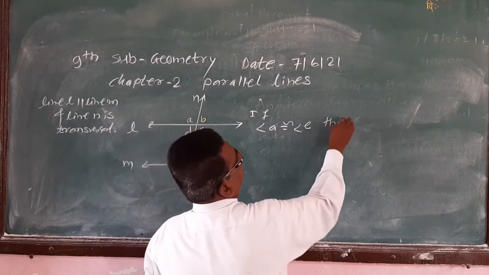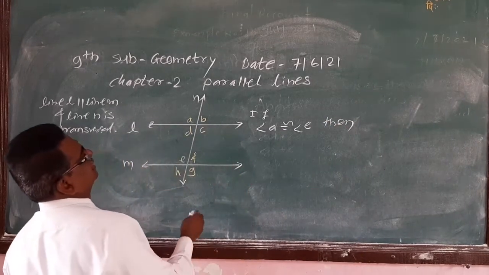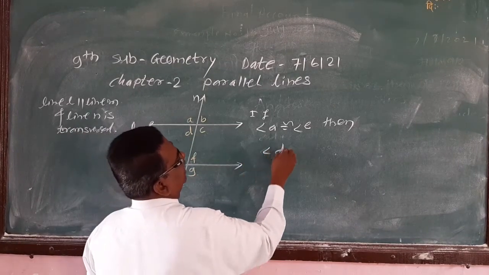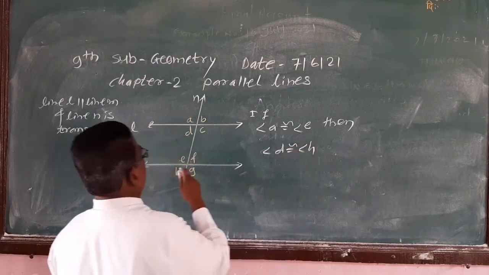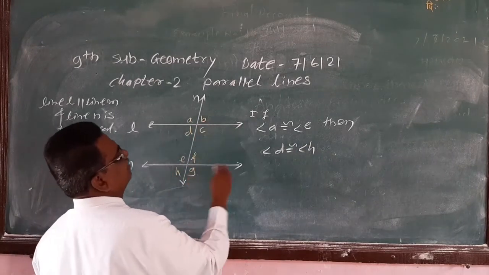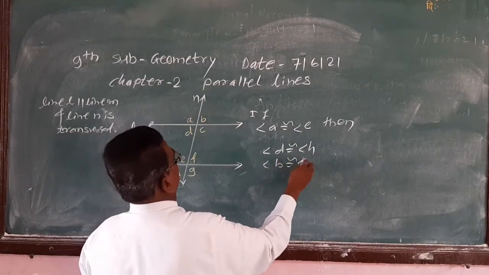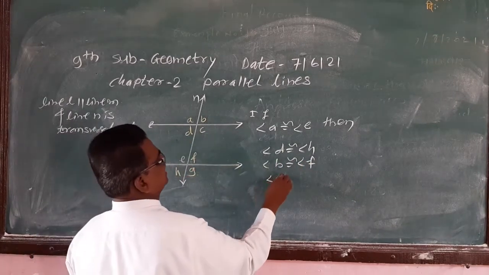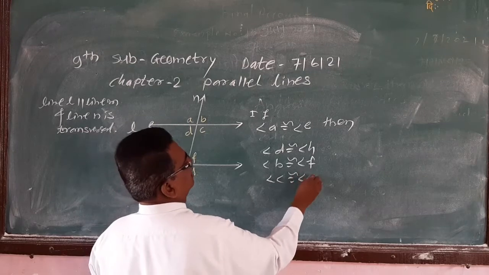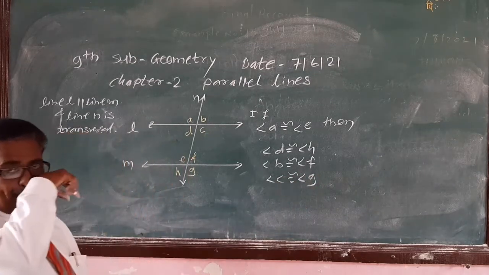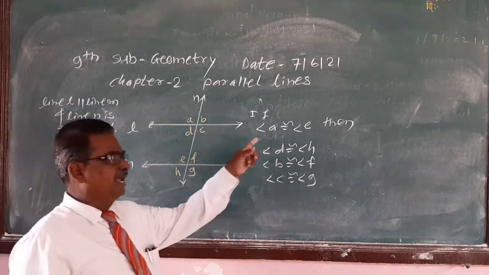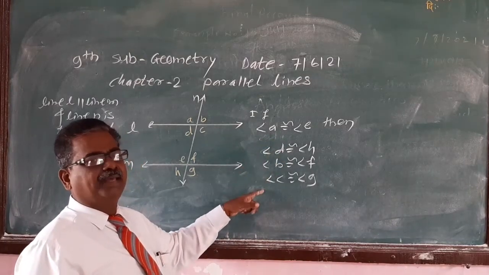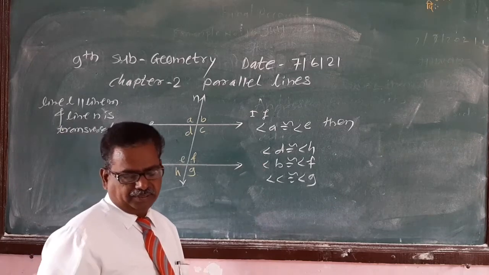Then another pair, angle D is congruent to angle H, another pair angle B is congruent to angle F, next one angle C is congruent to angle G. If one pair of corresponding angles is congruent, then all the remaining pairs of corresponding angles are congruent.